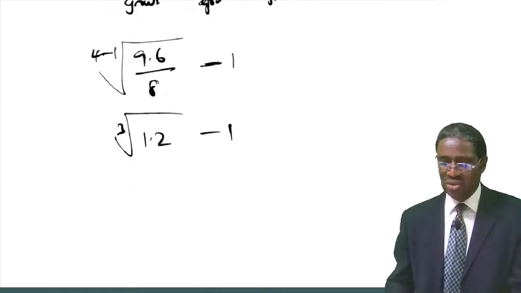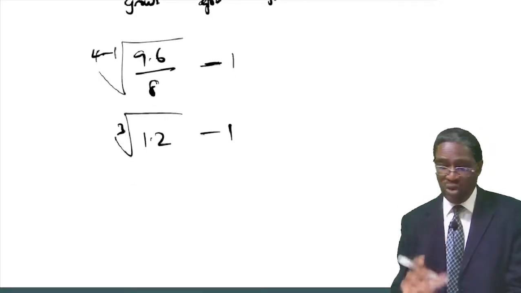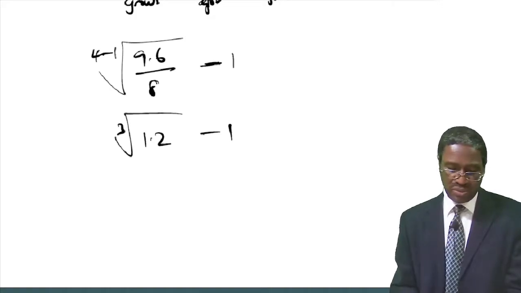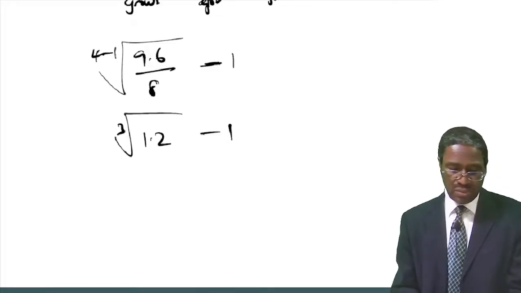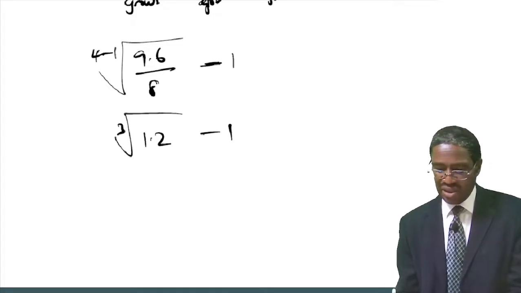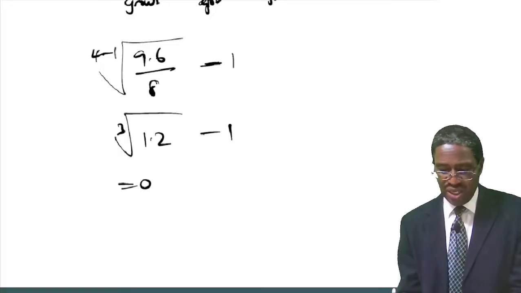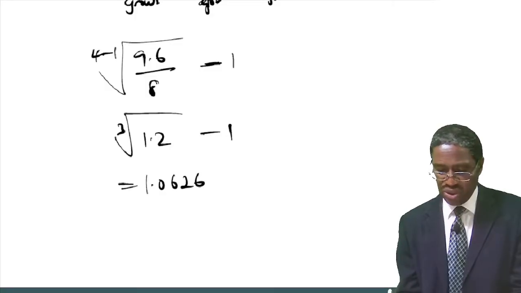I get the third root of 1.2, which is about 1.0627, to 4 decimal points.